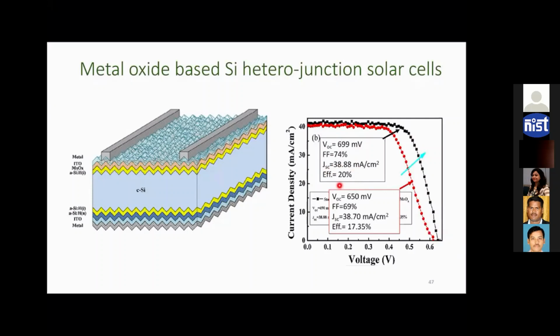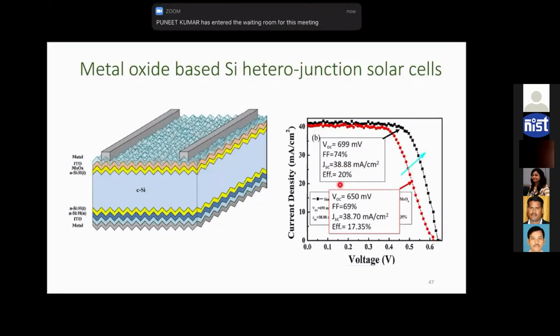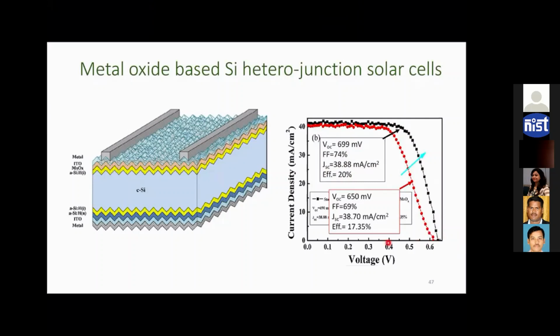If the property of the molybdenum oxide is good, you are getting efficiency around 20%, which is given by this black IV characteristic. But if your molybdenum oxide properties are not good, it is defective, then the efficiency reduces to 17%. So there is scope that you can improve the properties of the molybdenum oxide and improve the efficiency.